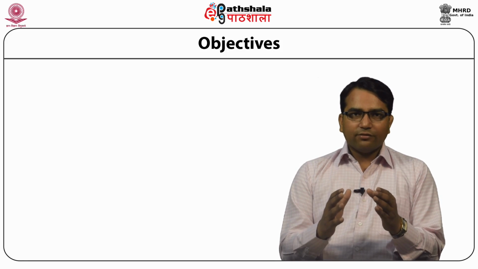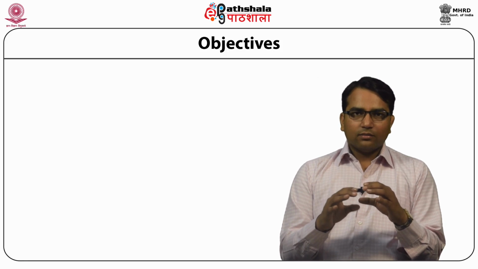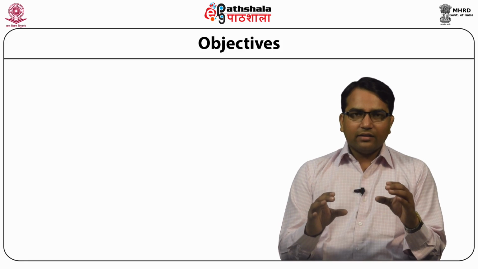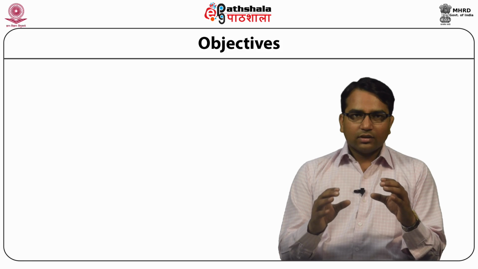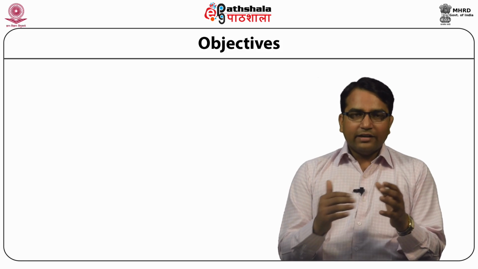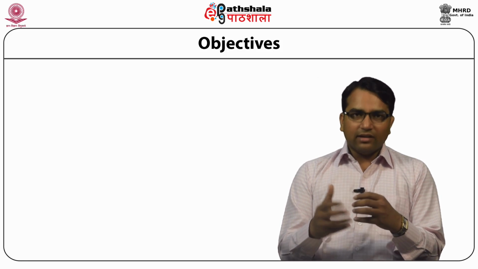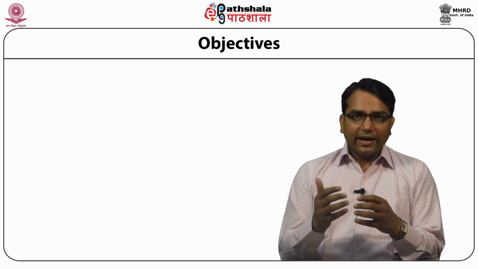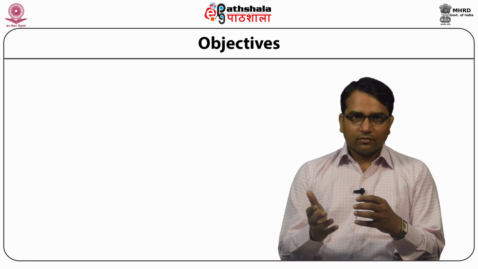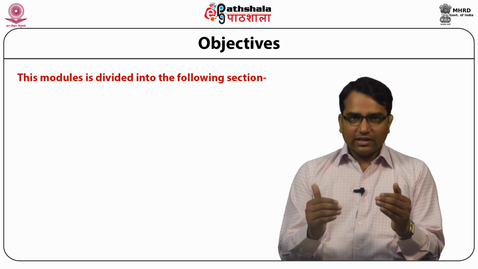The distribution of these proteins and lipids in the membrane helps in maintaining the viability of this plasma membrane, and the uneven distribution of these proteins and lipids leads to asymmetry of the membrane. So this module is divided into the following sections.